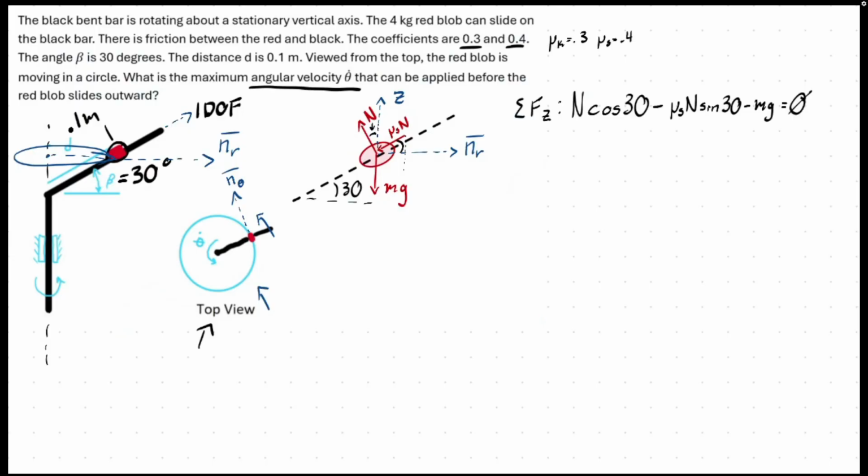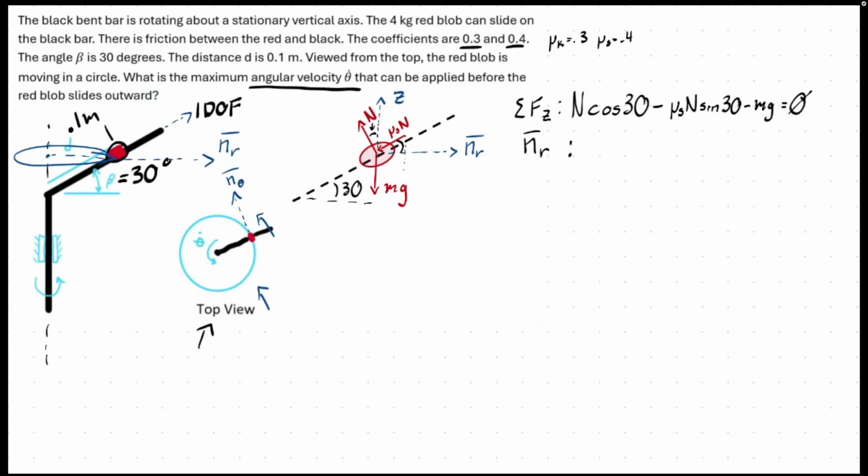And then we can continue on. Let's now sum our forces in the radial direction. I'm just going to erase this so it's a little more explicit. In the radial direction, the sum of my forces, we do still have that N component.